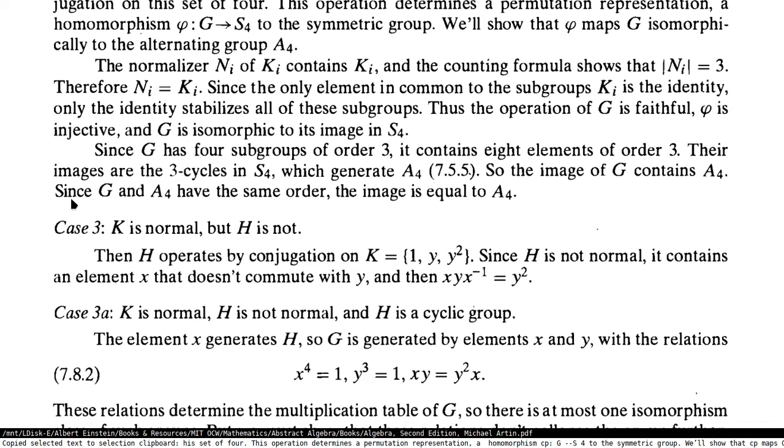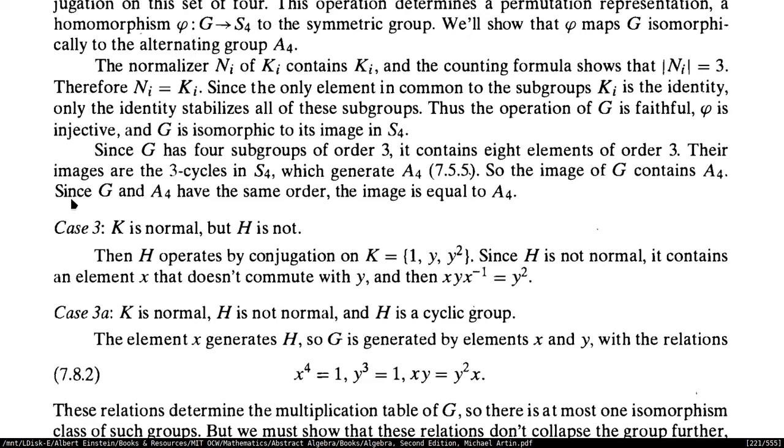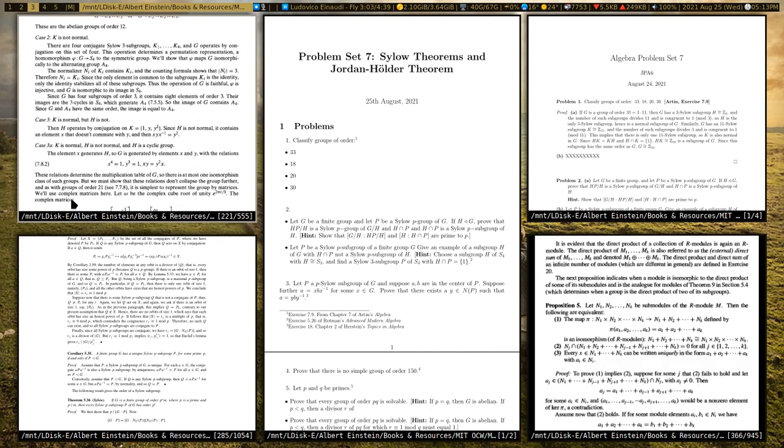So this is going back to that one day where you were talking about why A4 is not simple, because we know all this stuff about it being generated by the 3 cycles. Remember that? I don't remember understanding it, but I remember you talking about it. Let's go back to Rotman.